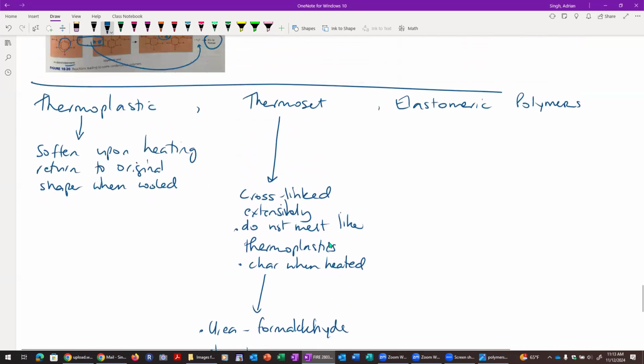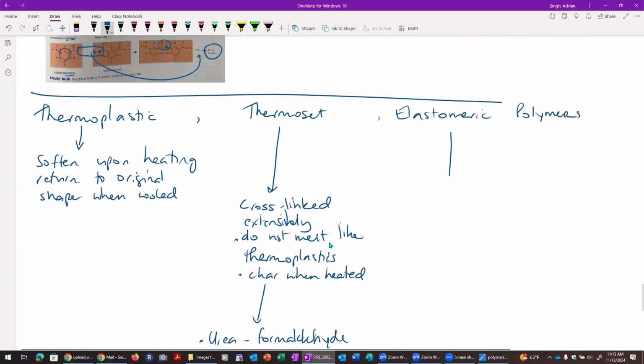Elastomeric polymers, as the name maybe suggests, these are lightly cross-linked, so not nearly as many cross-links as there are in a thermoset polymer. Because of their structure, they can be twisted, they can be compressed, and pulled into different shapes.